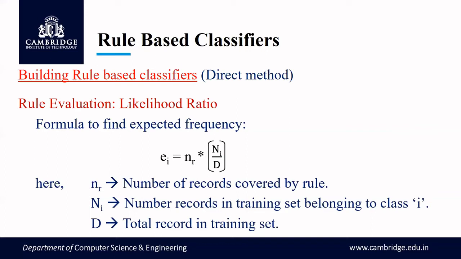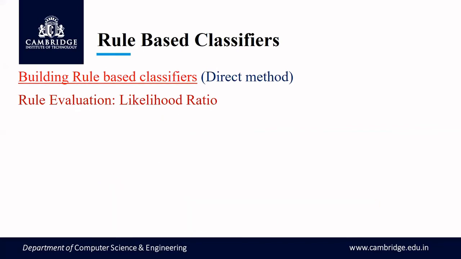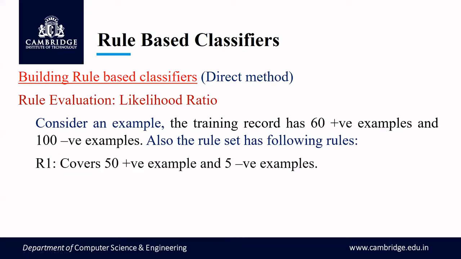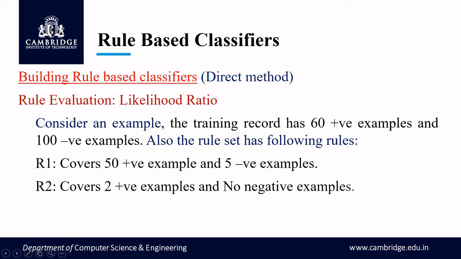Let us consider one example and try to find the likelihood ratio for it. The training set has 60 positive examples and 100 negative examples, and the rules given are: rule 1 covers 50 positive examples and 5 negative examples, whereas rule 2 covers 2 positive examples and no negative examples.